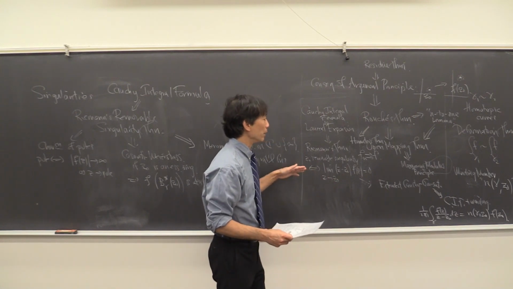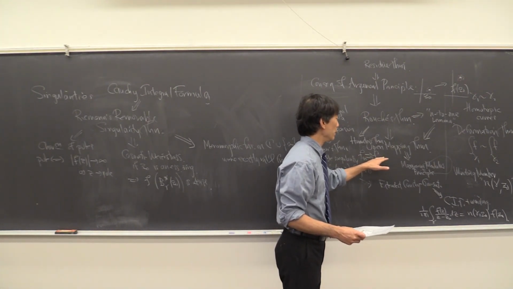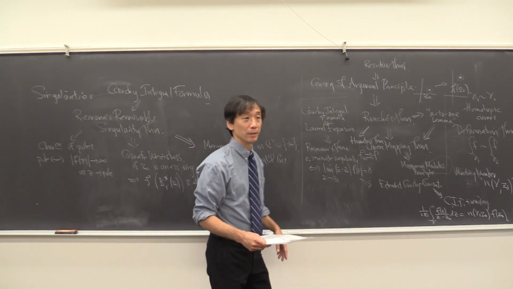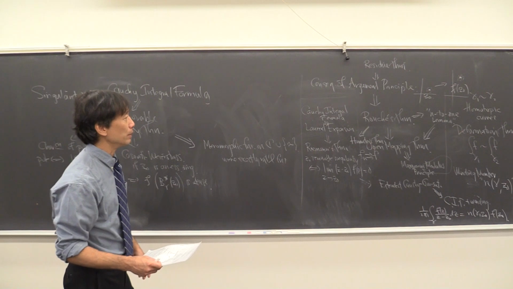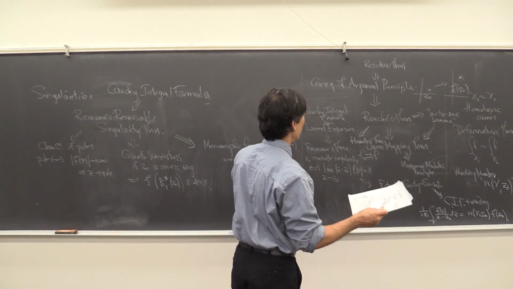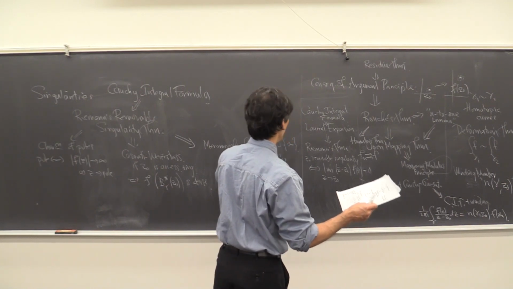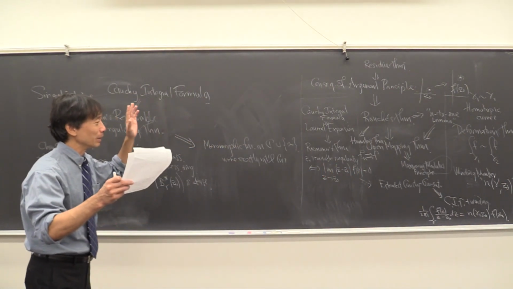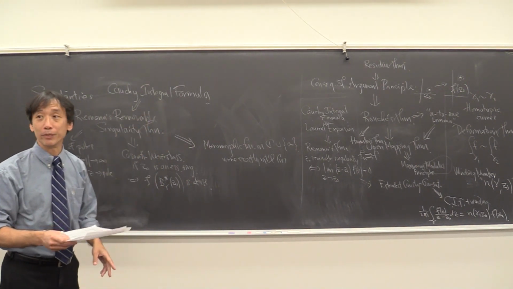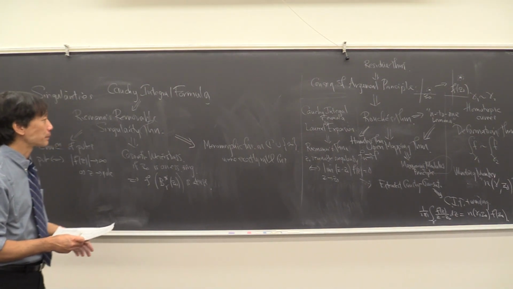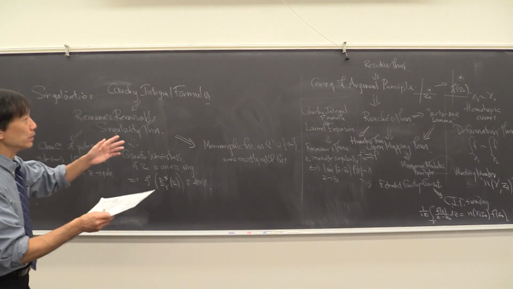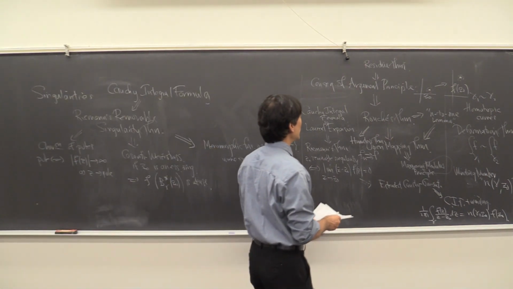So the zeros of the limit are limits of zeros of the f sub n's, roughly speaking. Okay, so that was Hurwitz's theorem. These are all important facts about holomorphic and meromorphic functions. This is basically closing all the basic knowledge of holomorphic and meromorphic functions. Okay. So singularities, and then these consequences of really Rouché's theorem.